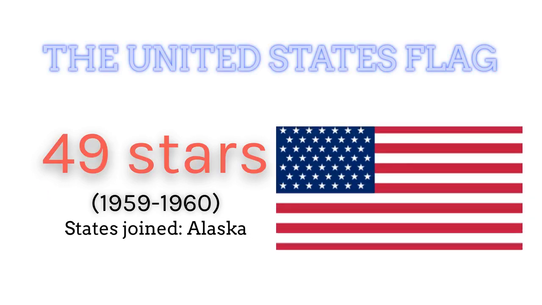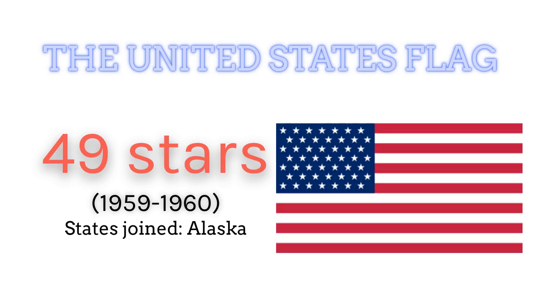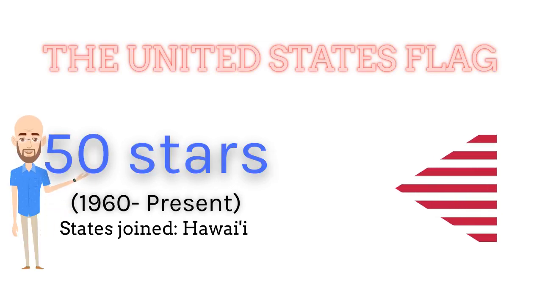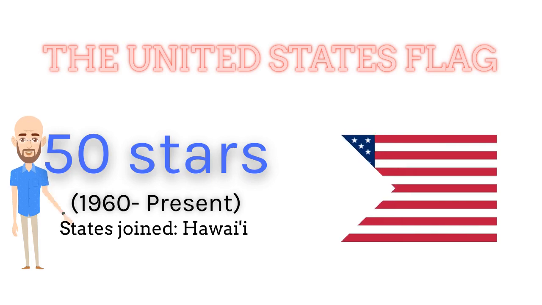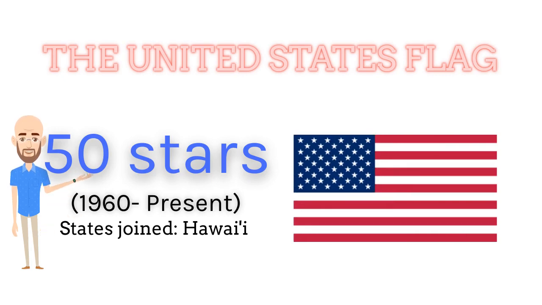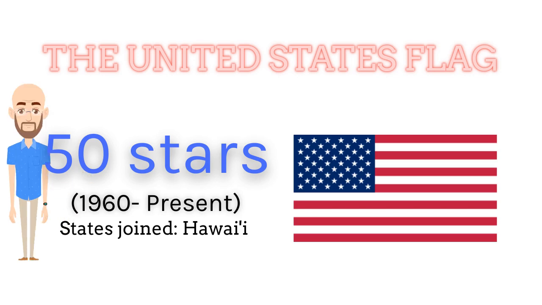Alaska, the biggest state, would join the Union in 1959. Alaska is the 49th state. This is the last time a flag would fly for 1 year. Hawaii would join the Union later on in 1959, bringing the total up to 50. In 1960, the United States adopted the current flag, which is now flown.